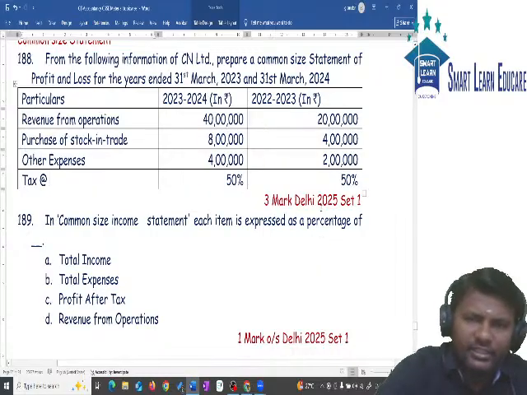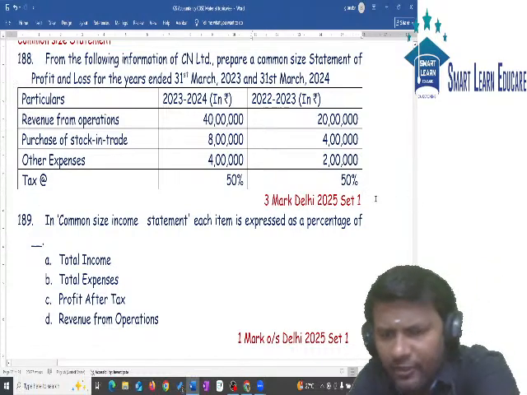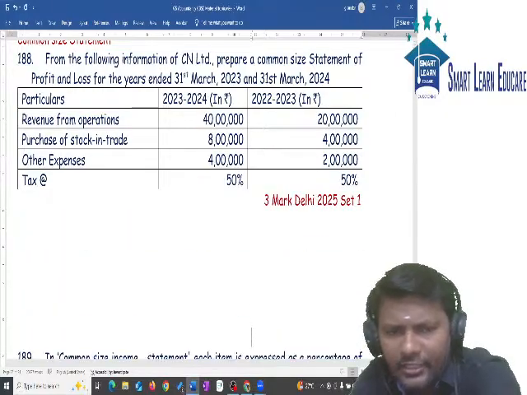So it is very easy to prepare. So heading is common size income statement. Whenever you start doing some question, first you should write the heading.